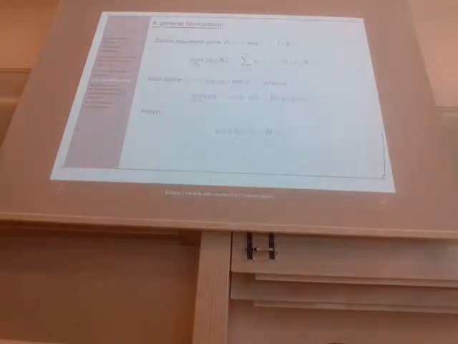Why do we have to complicate things by changing these letters?